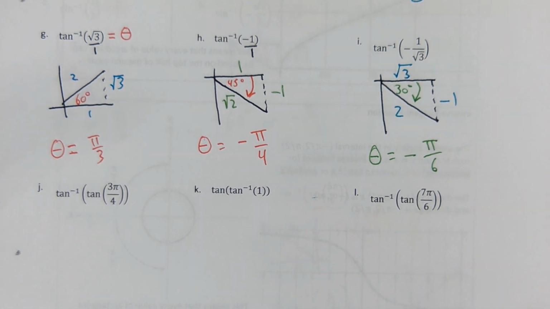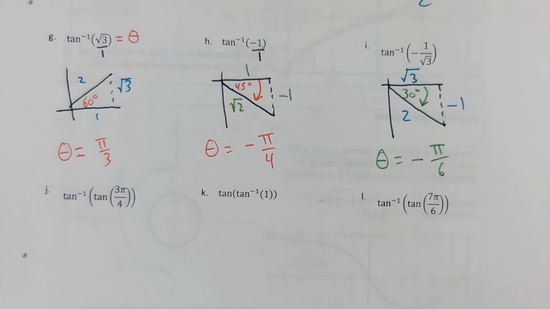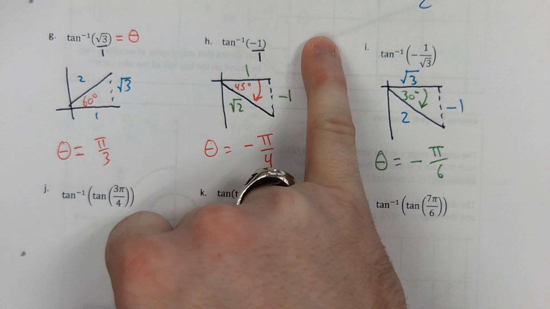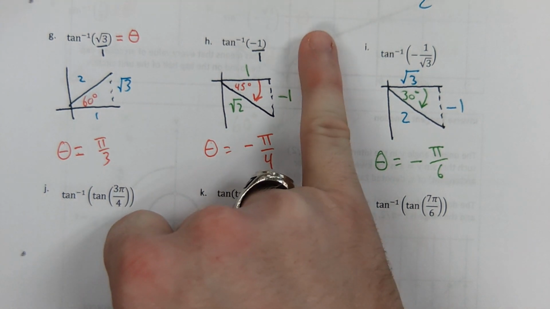Do you have questions for me about the basic tangent inverse style questions? Yes, Kelsey. Well, tangent is negative in 2 places. Yes, it's negative here, where the root 3 would have been negative, but the 1 would have been positive. But tangent inverse doesn't go this way.